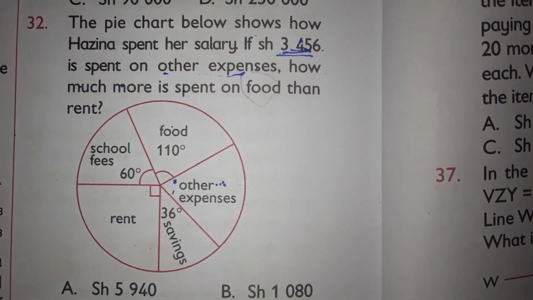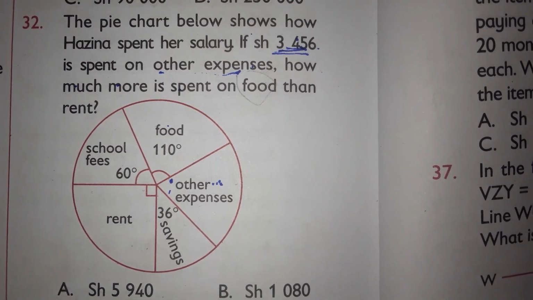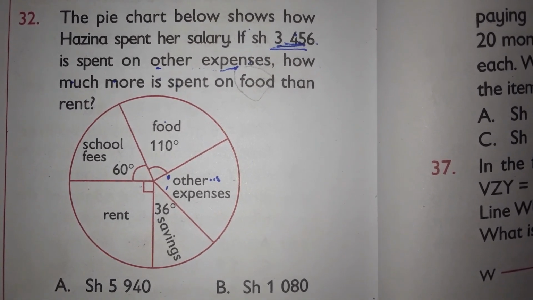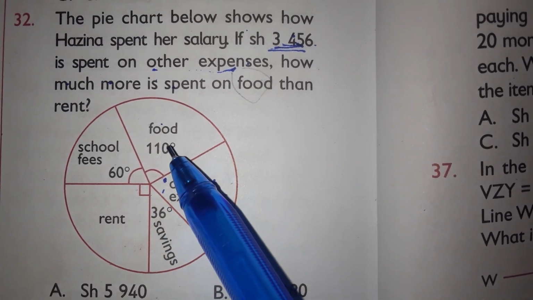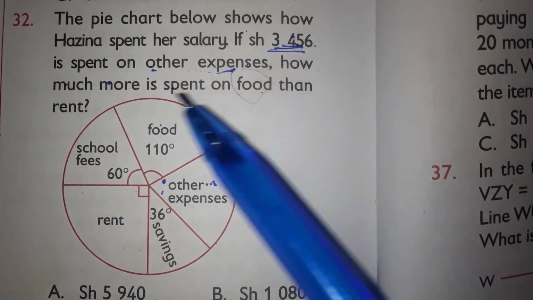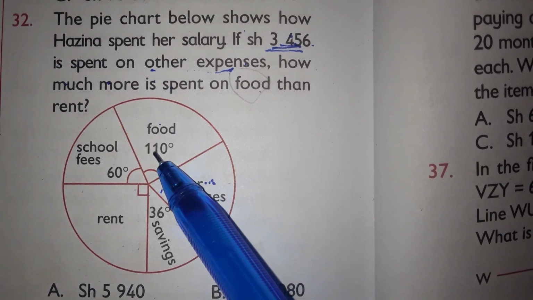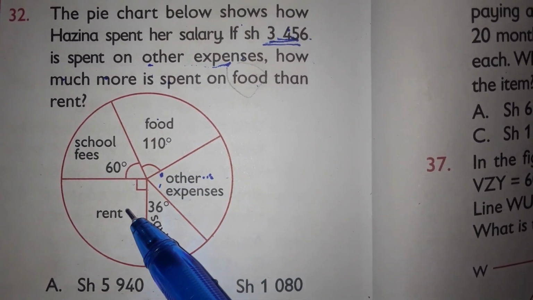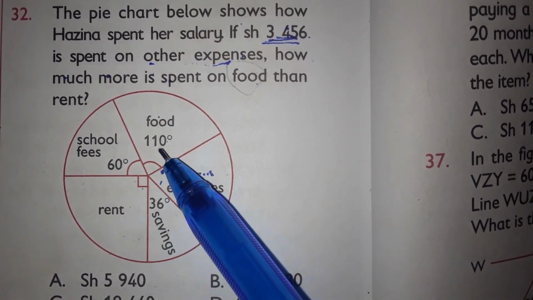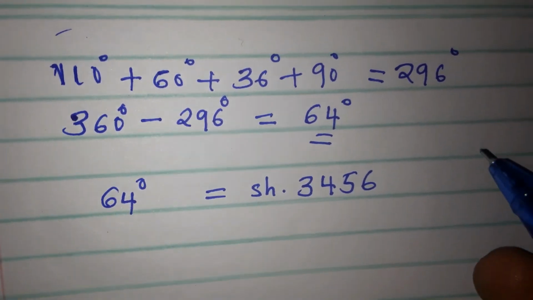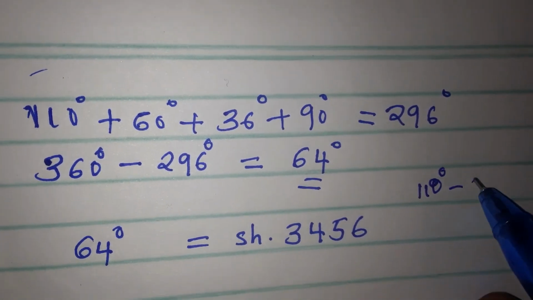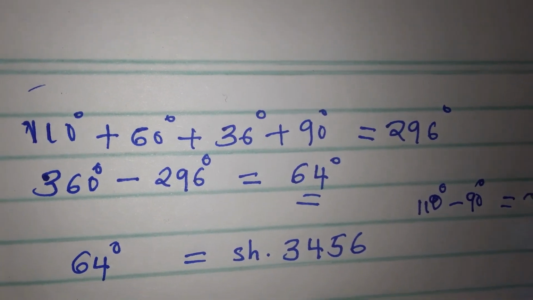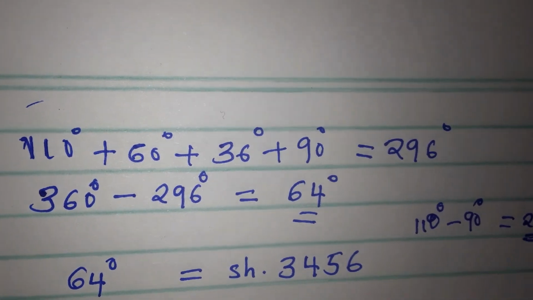So to make your work easier, we will start by checking the difference in terms of angles or the degrees. Food minus rent, so it will be 110 degrees minus that for rent, which is 90 degrees. So it is 110 minus 90. If you calculate 110 degrees minus 90 degrees, you will get 20 degrees.